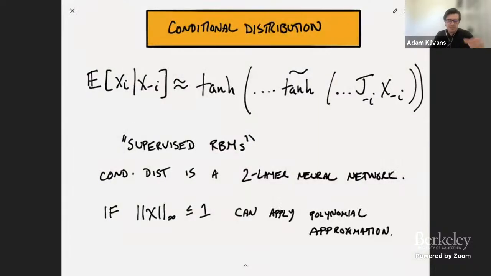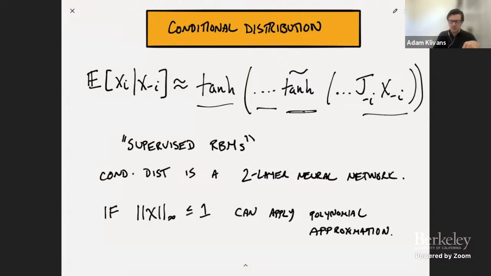It's not easy, but what you find is that the conditional distribution of xi given x minus i is no longer just a one unit neural network. It's now a two hidden layer neural network. There's a tanh on the outside. Then there's some other terms that I'm ignoring, but importantly, there's a tanh on the inside. And then the interaction matrix with the ith row removed appears times x minus i.